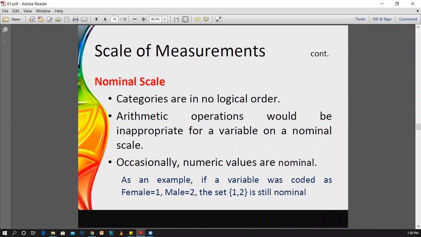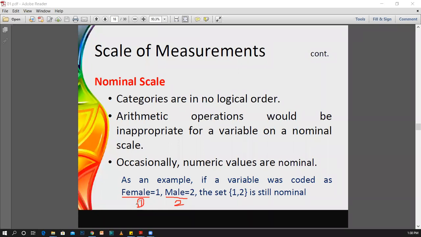As an example, think about your variable as gender. What are the groups? There are two types, female and male. If you name females as 1 and males as 2, the number here does not have a numeric value, it just has identification.